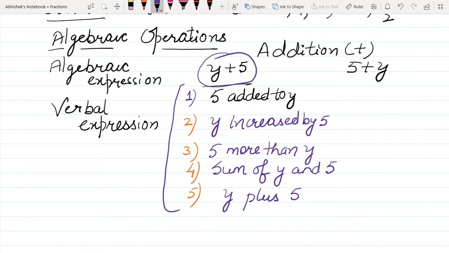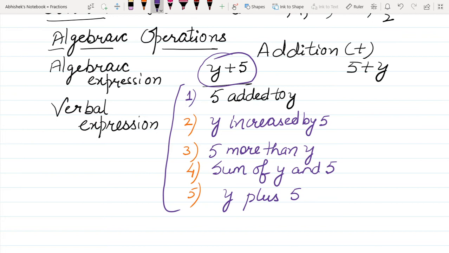So you can see all these are verbal expressions, and all of them have the algebraic expression y plus 5. Basically an algebraic expression is a combination of constants and variables connected by any of the 4 fundamental operations: plus, minus, multiplication, division.